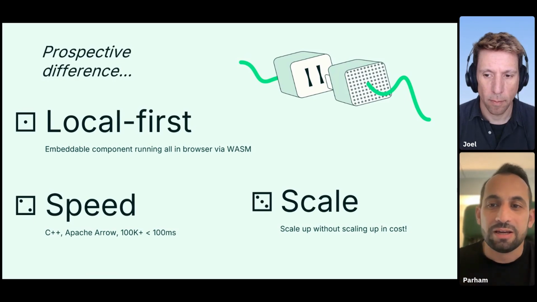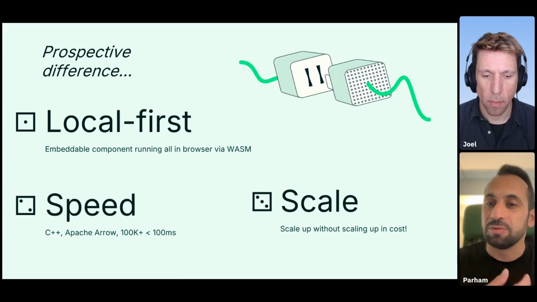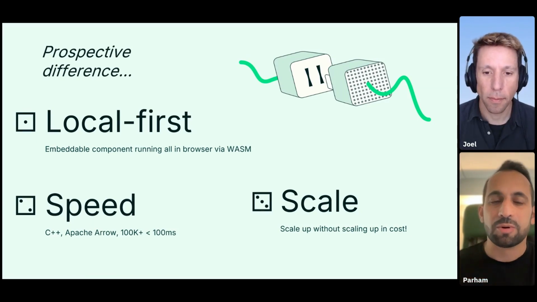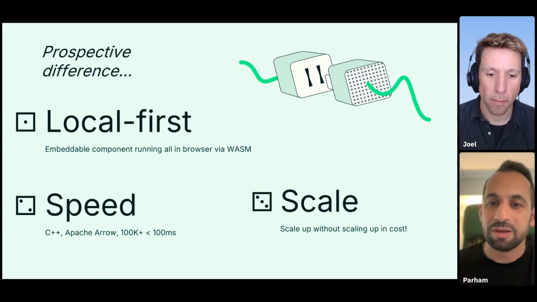Underneath, it's C++ native code, and we use Apache Arrow. We only transfer deltas between the data source or server and the viewer, so even the transfer protocol is optimized. What that means for our users is scale.